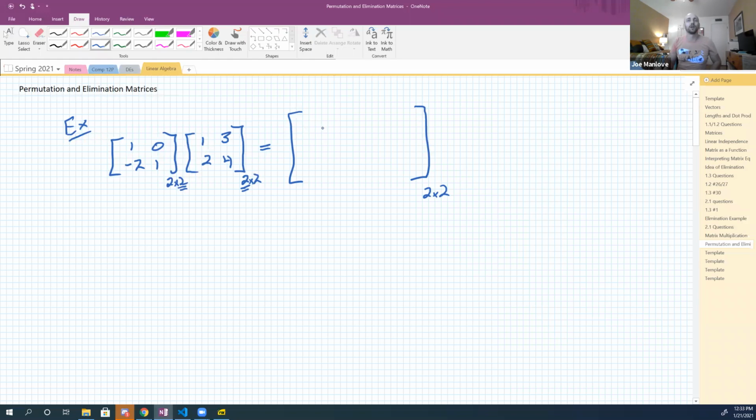So this first item is going to be 1 times 1 plus 0 times 2. That's the first row dotted with the first column. Then my next spot is this entry, which is going to be negative 2 times 1 plus 1 times 2. That's this first column dotted with this second row.